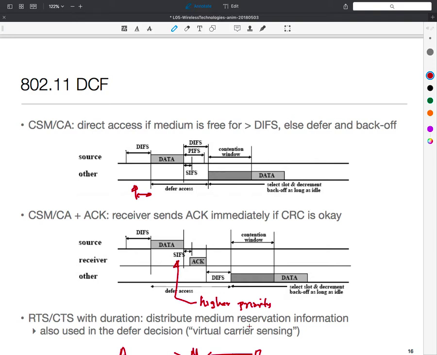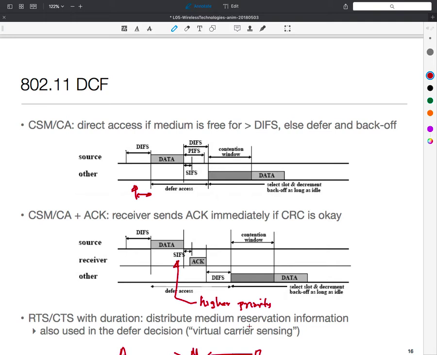So you want this window to be large enough so that the probability of two waiting nodes colliding is low. And yet you don't want it to be too large all the time because then you'll be wasting channel time.